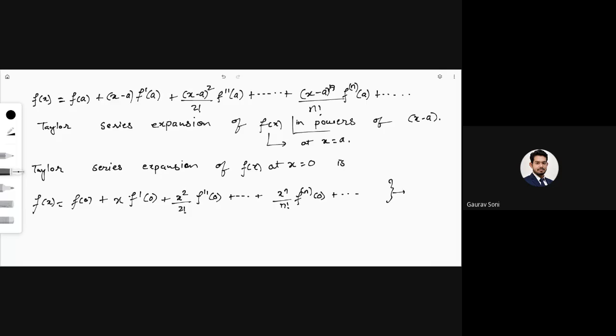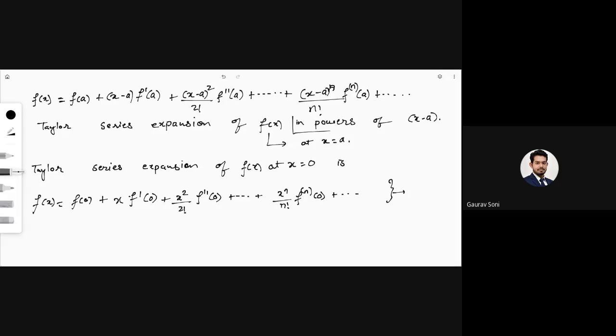No, this has some name. Have you heard of Maclaurin series? While finding limits, you have put some series in place of functions like e to the power x, sin x.